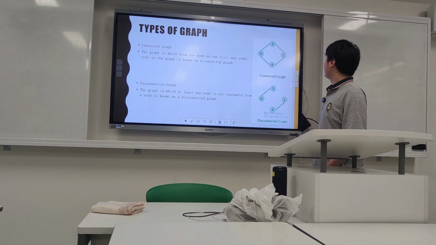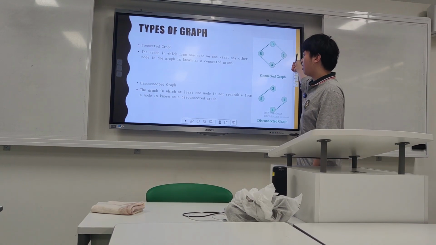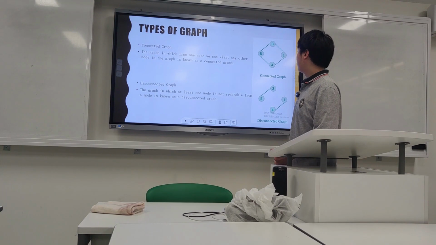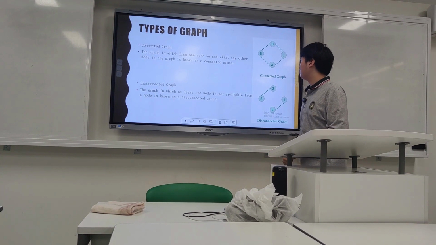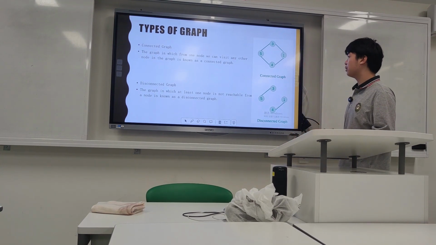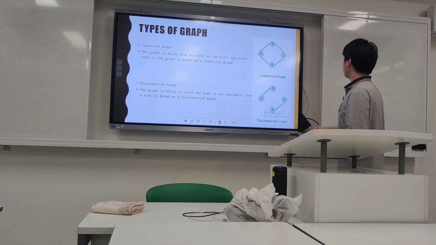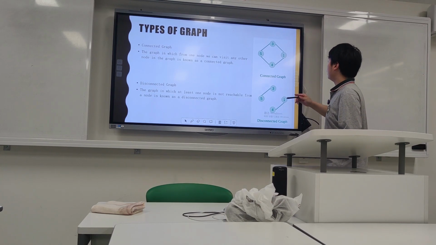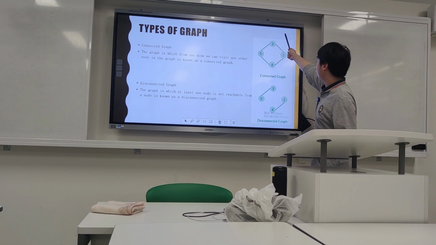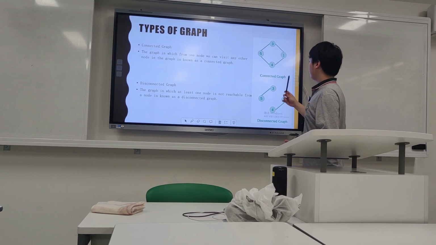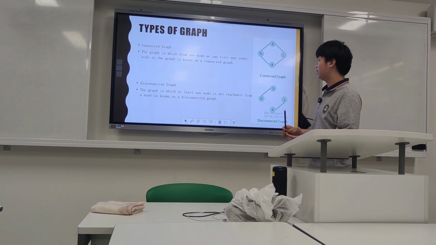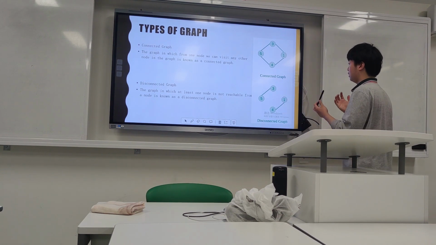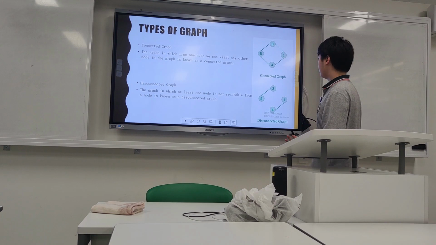Here, these are the connected graph and the disconnected graph. This is a graph in which from one node we can visit any other node in the graph. So this is a connected graph. All the nodes are connected, and when you start from one node, you can visit any other node in the graph.